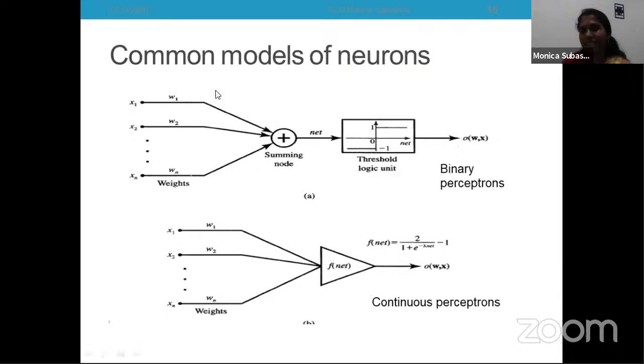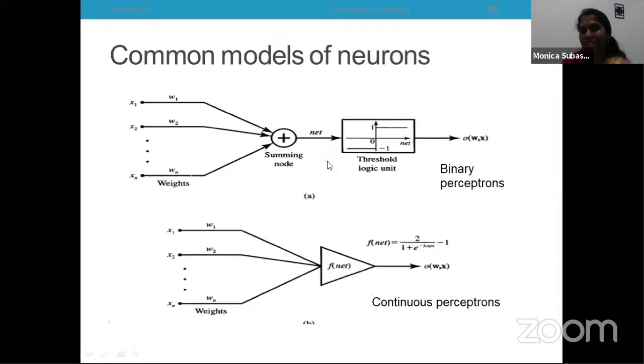So here, a common model of neuron is shown. All the inputs are summed up. Then with respect to the net value, we apply the activation function. It is also known as a threshold logic unit, and the output is generated.